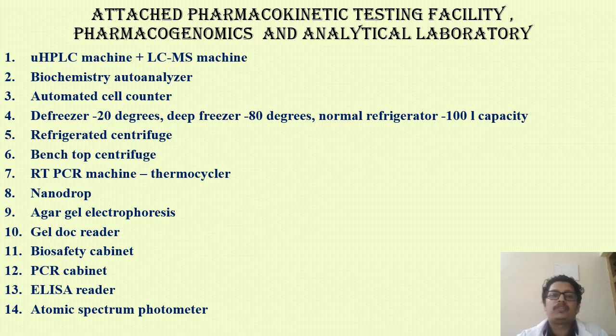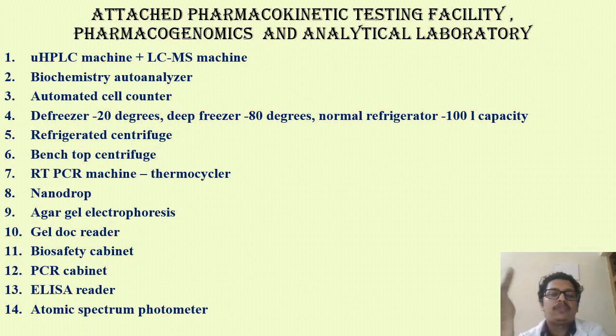and attached other facilities. So the attached pharmacokinetic testing facility and pharmacogenomic analytical laboratory should include a UHPLC machine and LCMS machine, biochemistry auto-analyzer, automated cell counter, deep freezer at minus 20 degrees, deep freezer at minus 80 degrees, and a normal refrigerator with 100 liter capacity.